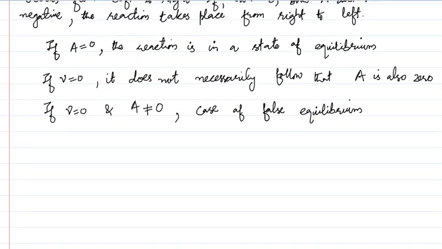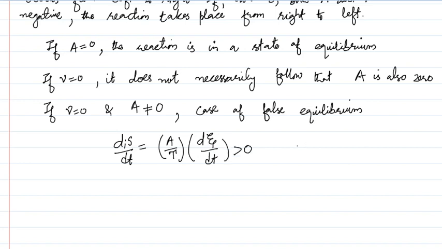We also derived in the last lecture an equation which was dS upon dt is equal to A by T dζ upon dt, which was also greater than 0.